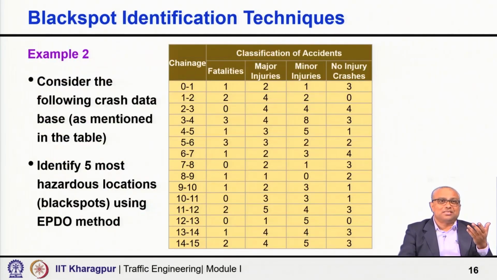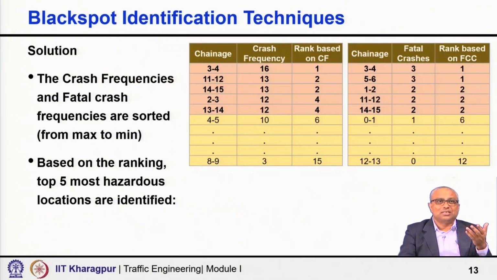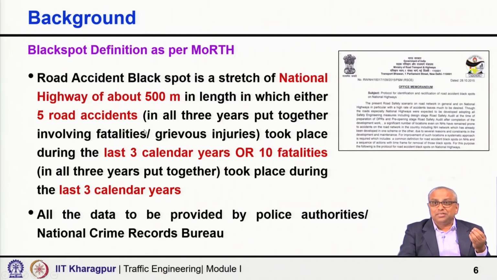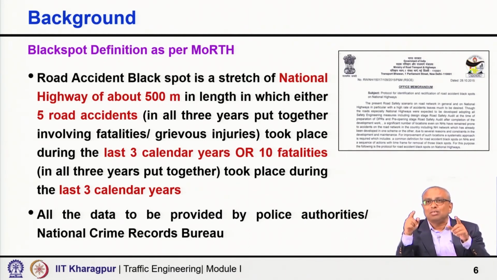Let us go back to that slide once again before I close: 5 road accidents in the last 3 years, and these are accidents of what type? Involving either fatality or grievous injury, or altogether 10 fatalities based on the last 3 year data.